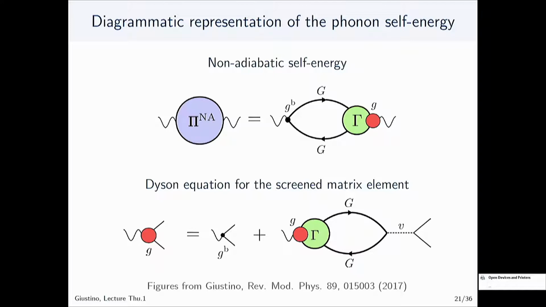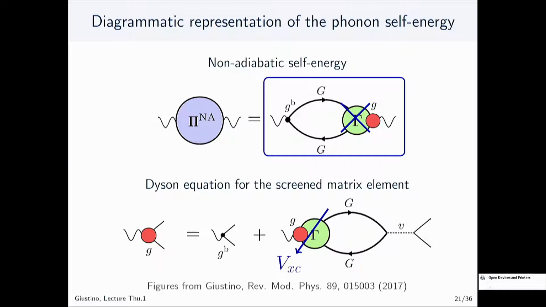So what we do to proceed is something similar to the electrons. We kill the vertex because we don't know what to do with that, as simple as that. If somebody has any idea, let us know. And the other thing is that in the electron-phonon matrix element, we don't kill the vertex completely, but we replace it with the exchange and correlation DFT, okay?